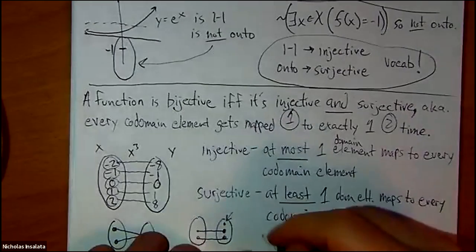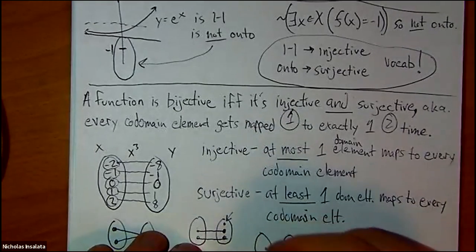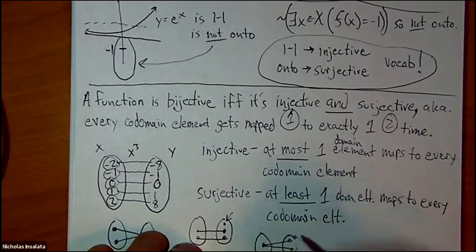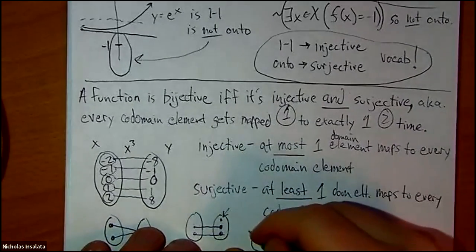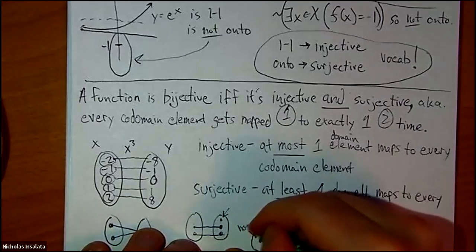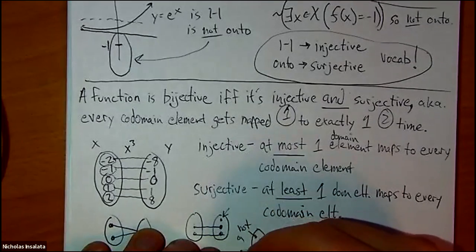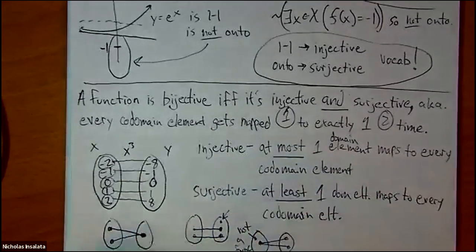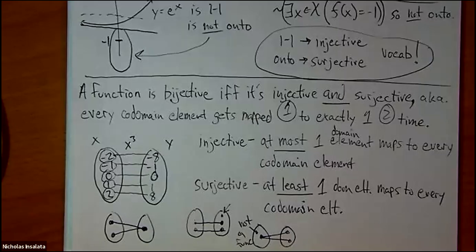So this situation. Okay. I mixed it up. Yep. So this situation right here, this makes it not a function. It has nothing to do with 1-to-1. Does that make sense? Yeah. I mix it up. Sorry, my bad. Okay, cool.